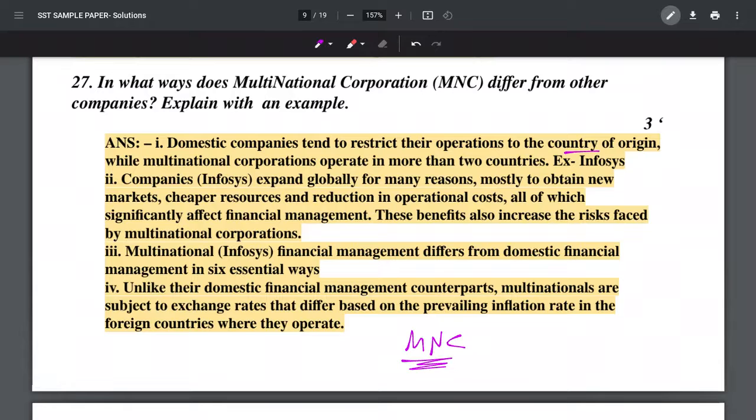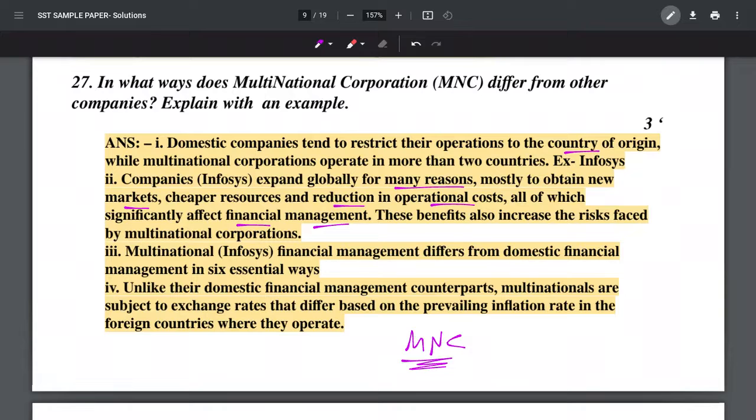For example, Infosys. Domestic companies are only in India or a specific country. Now, companies like Infosys expand globally for new ideas, to obtain markets, cheaper resources, and reduction in operational cost, all of which significantly affect financial management.